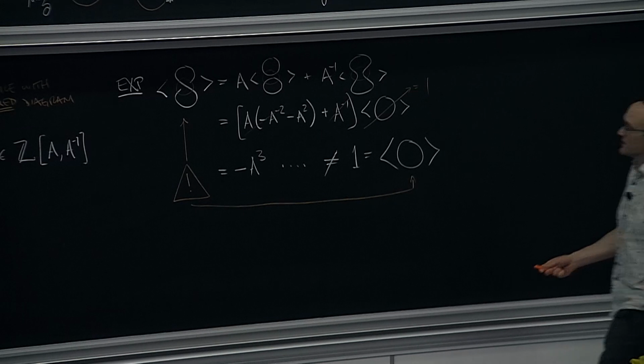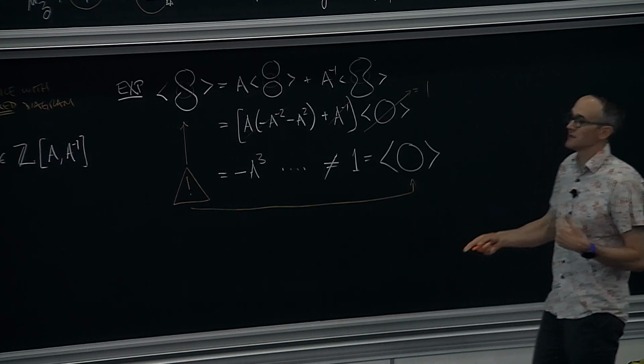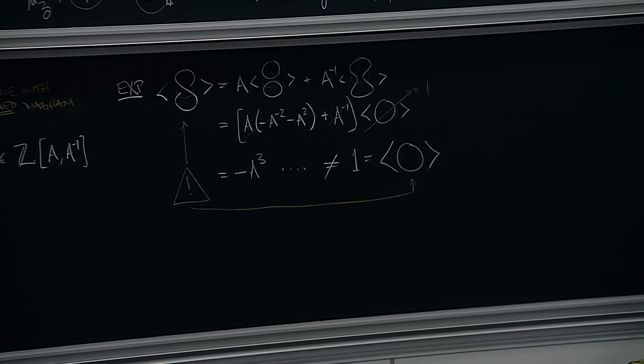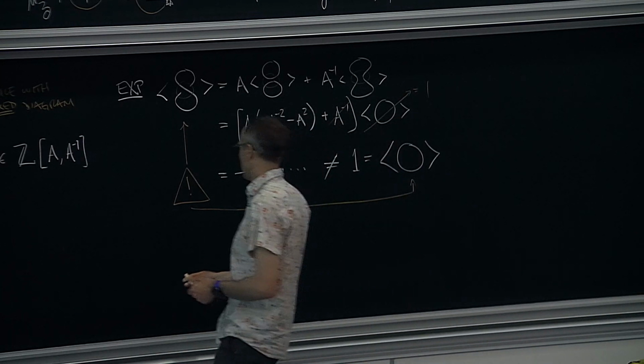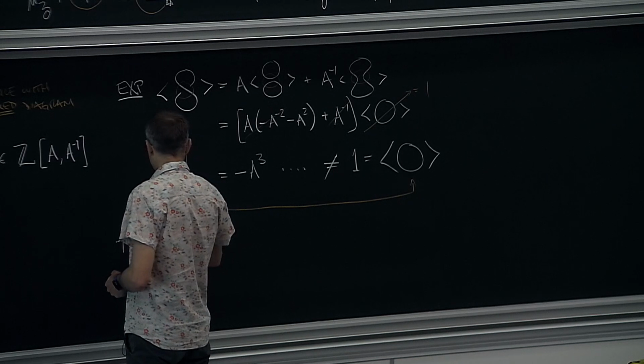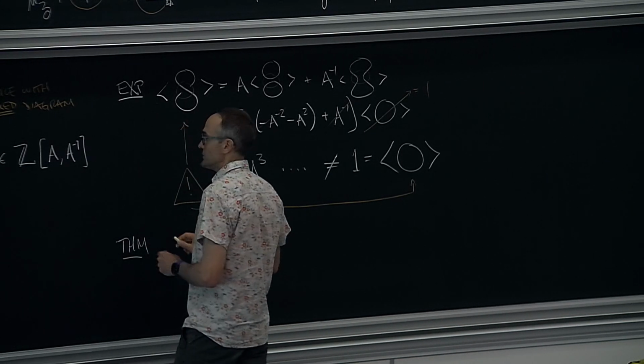But it's not that big of an irritant. If you're used to the Alexander polynomial, the Alexander polynomial is a geometric definition, has the order of a certain module associated with the universal abelian cover. It's only well defined up to units. And really buried in here is that there's a theorem that I think is useful in its own right.